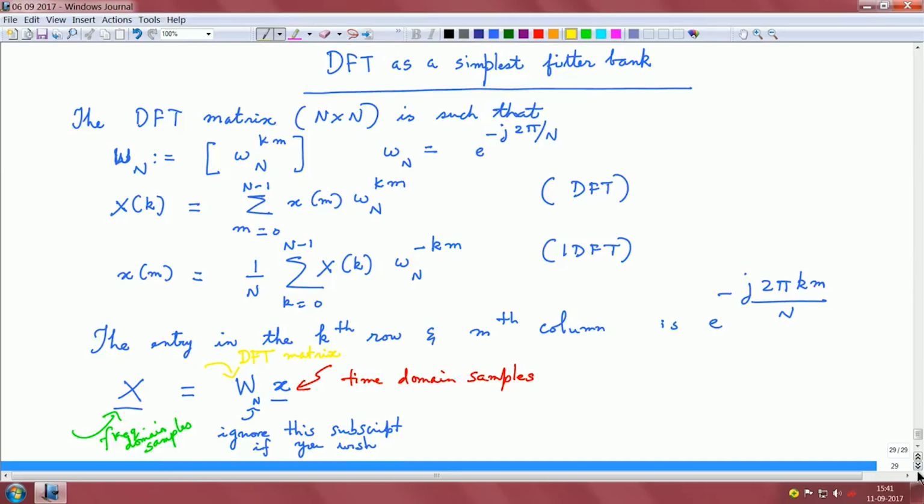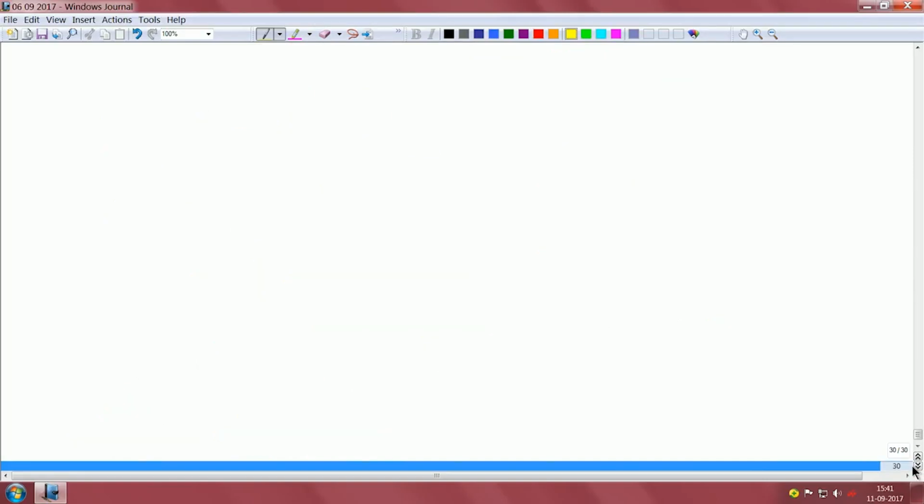Let us see with a simple example how this works and if our intuition makes sense. If we take n equals 2, then W2, this matrix, is e power minus j 2 pi upon n, where n is 2 here. This is km equal to 0 times 0 here, e power minus j 2 pi upon 2.